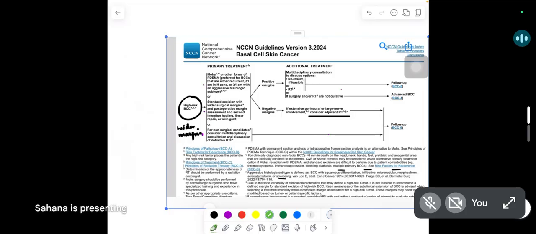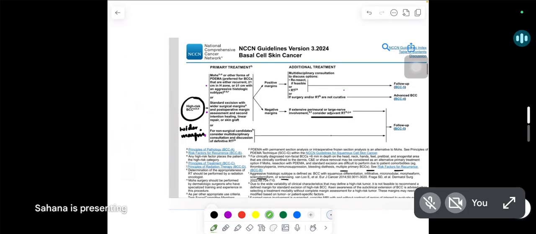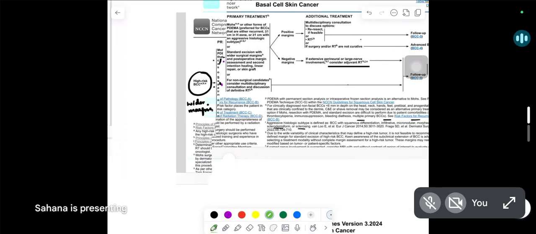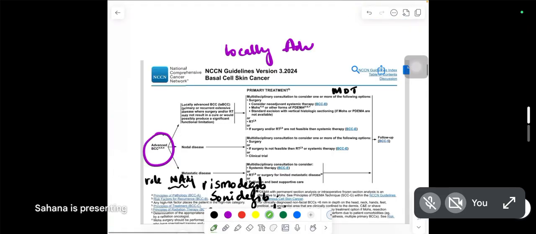Yeah, shave excisions and your electrodesiccation. So most standard excision and RT, they have role. Here there is role for adjuvant RT, because high risk lesions per se are high risk because they have increased local recurrence rate compared to the low risk. So you will usually give them some form of adjuvant, mostly RT, especially when there is PNI positive.